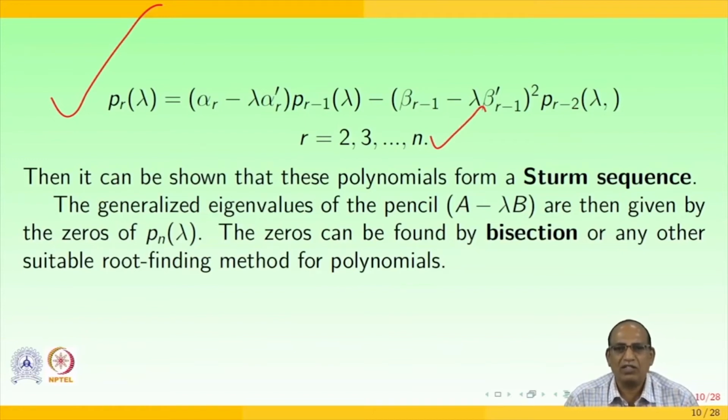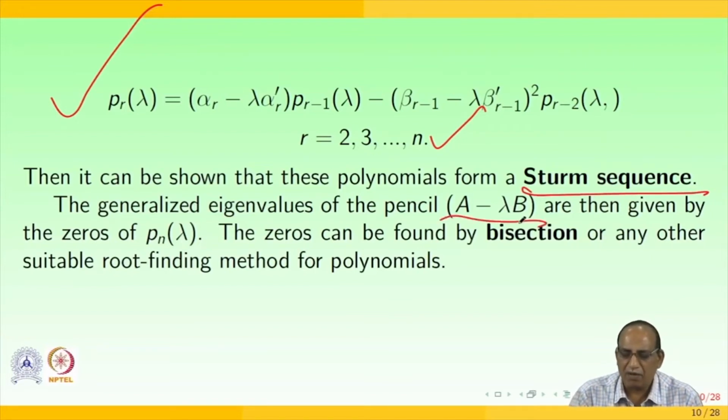Then it can be shown that these polynomials form a Sturm sequence. The generalized eigenvalues of the pencil A minus lambda B are then given by the zeros of pn lambda. The zeros can be found by bisection or any other suitable root finding method for polynomials.